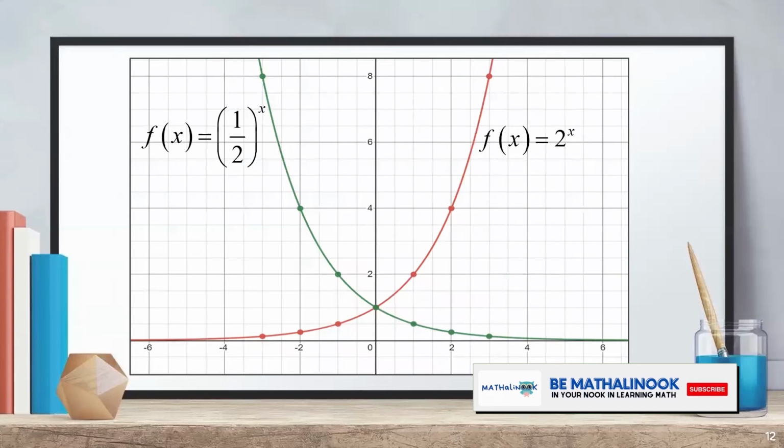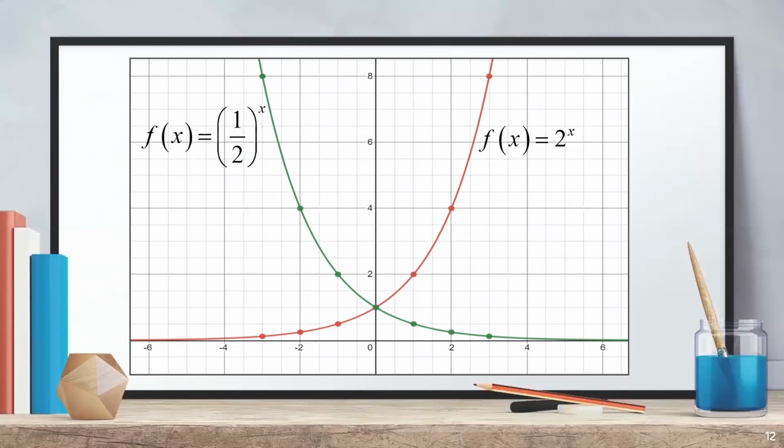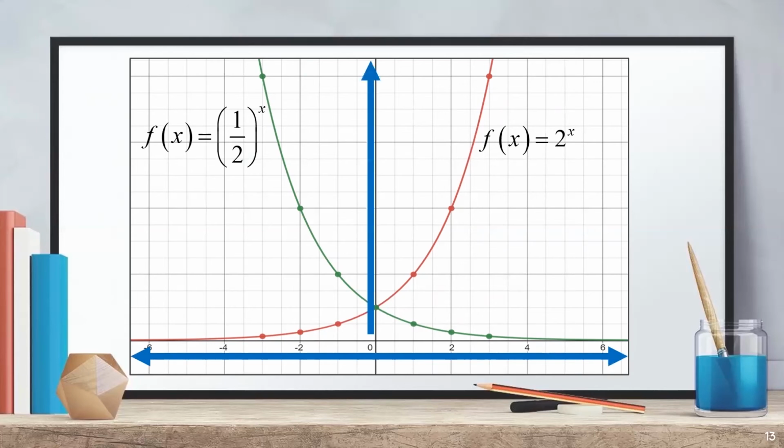Comparing the graphs of the two given exponential functions, f of x equals 2 raised to x and f of x equals 1/2 raised to x, we can observe the following. The values of x or the domain of the exponential functions can be any real number, while the values of y or the range are positive real numbers.